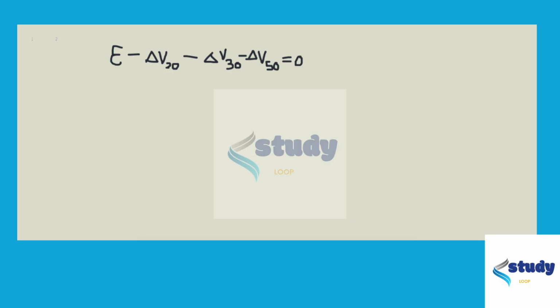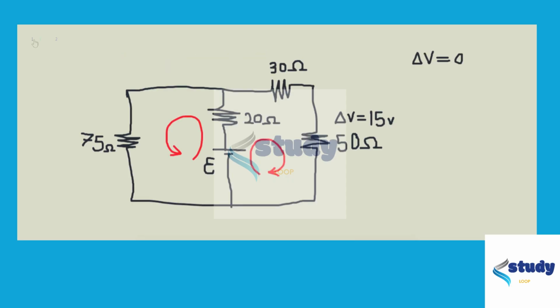So now, basically, if we can find all these drops in potential, these three, we'll find the EMF of the battery. So we're already given this in the problem, the change in potential across the 50 ohm resistor. That was 15 volts, right? So now we need to find the change in potential across the 30 ohm resistor, and we do that using Ohm's law.